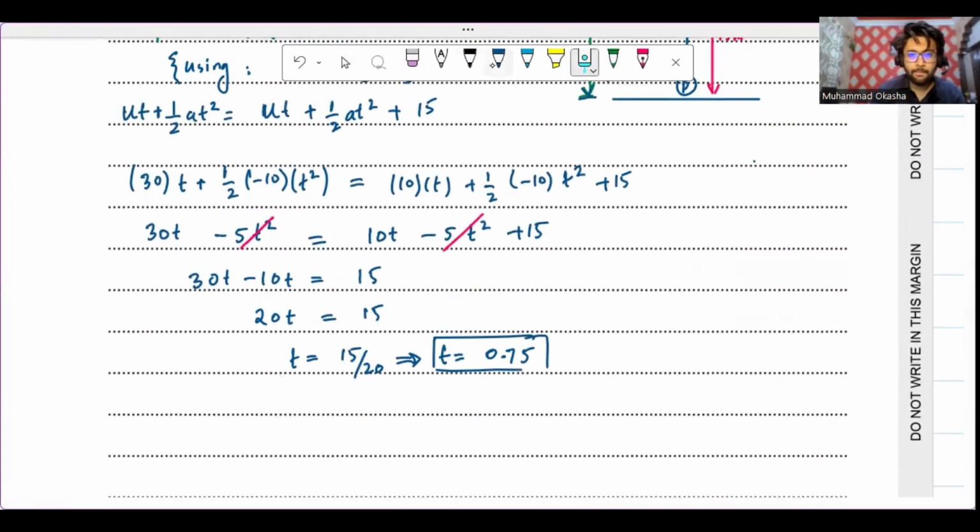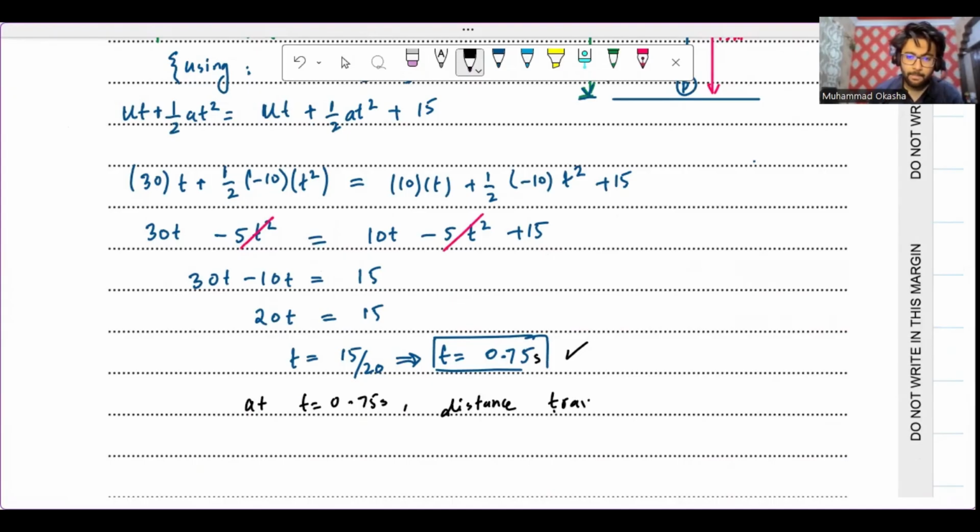We can put it in the second equation of motion to work out the distance traveled when time was equal to 0.75 seconds.